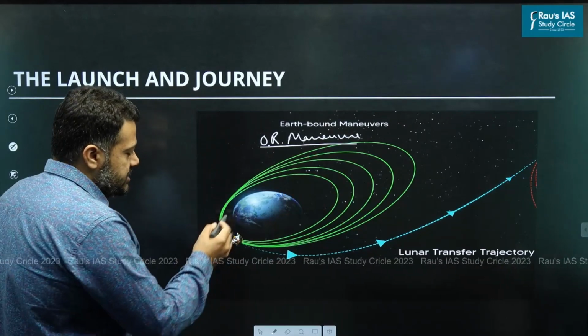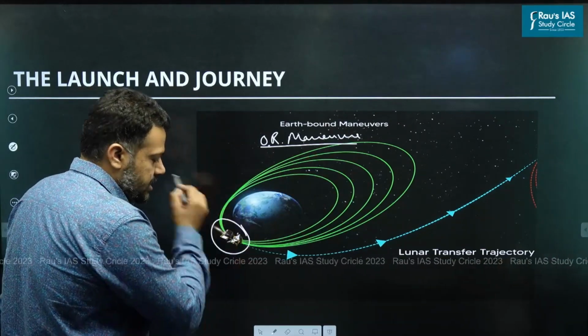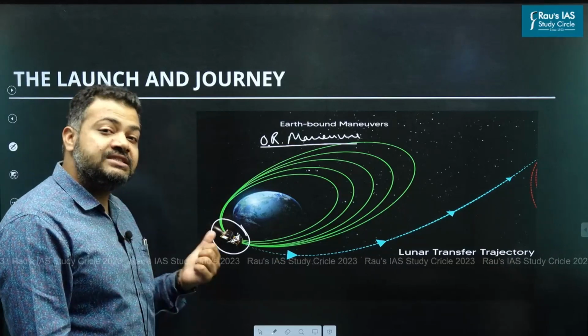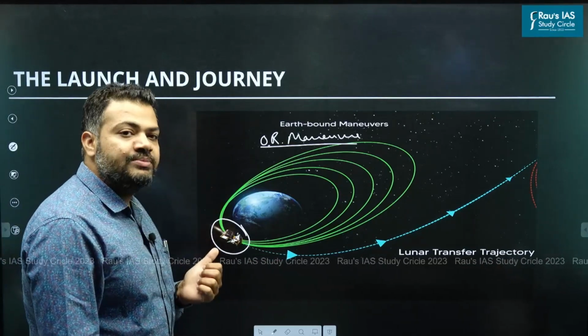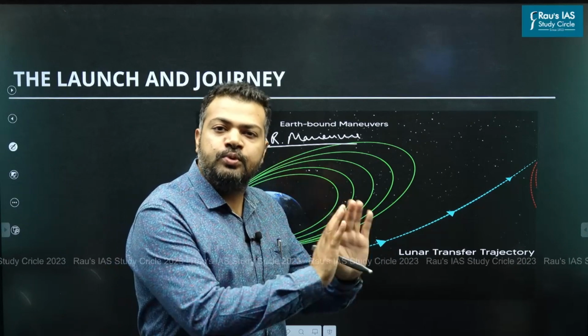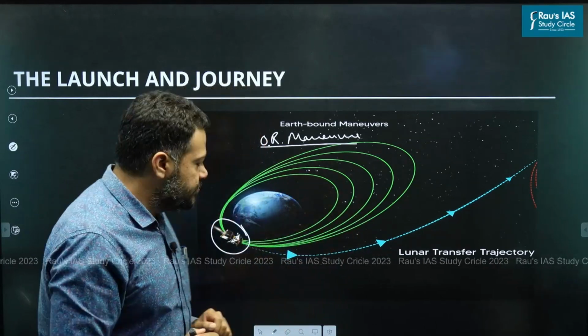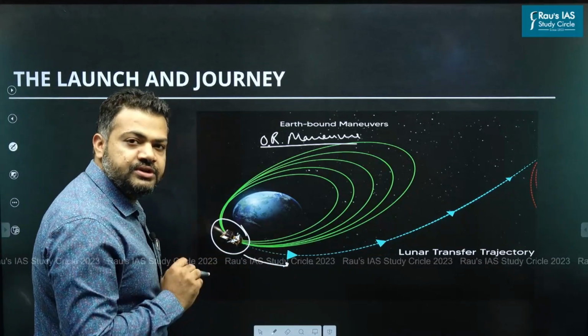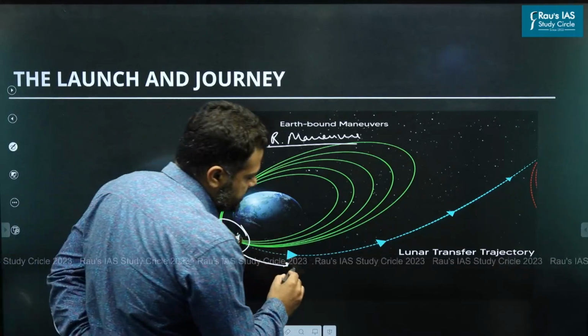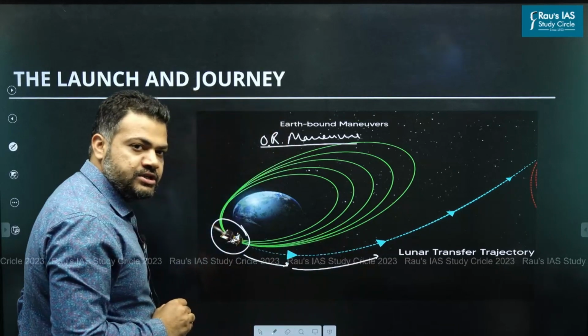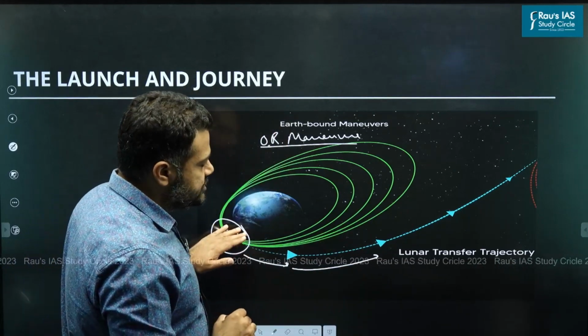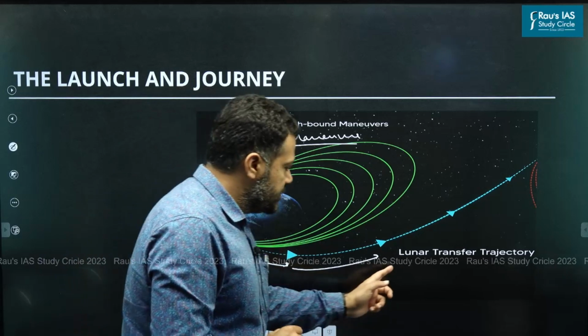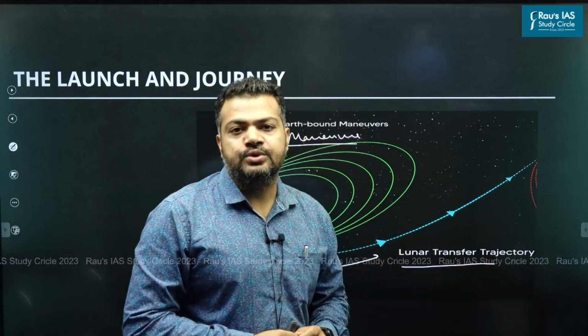And once the Chandrayaan reached the perigee, this would be the 6th time, guys, the mission controller at Bangalore gave one more push. But this time the push was given so that Chandrayaan would leave Earth forever. This push was given on 1st of August 2023, and then Chandrayaan started its trajectory towards the lunar orbit.